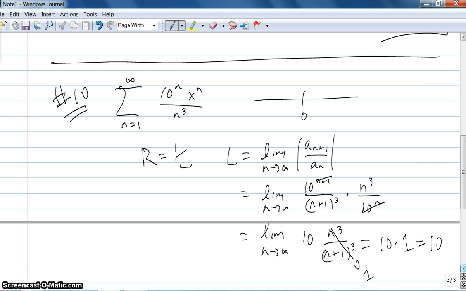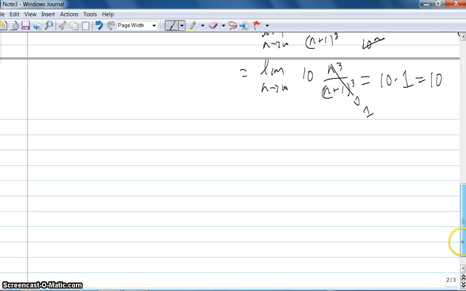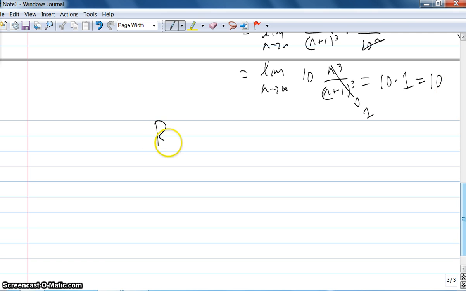Okay, so we found that the limit was 10, so the radius is 1 over 10. The center point was 0, so we're going to go to the right 1/10, and to the left, negative 1/10. Okay, so that's the potential interval.